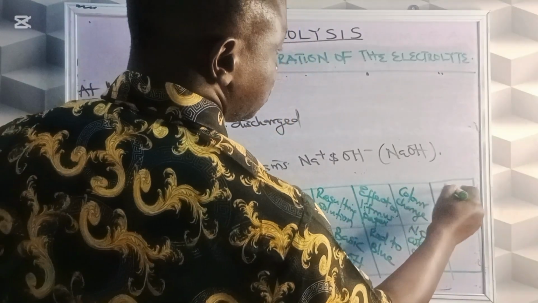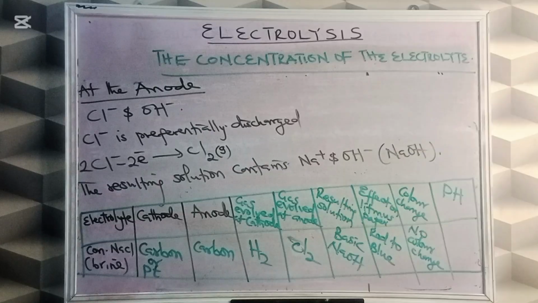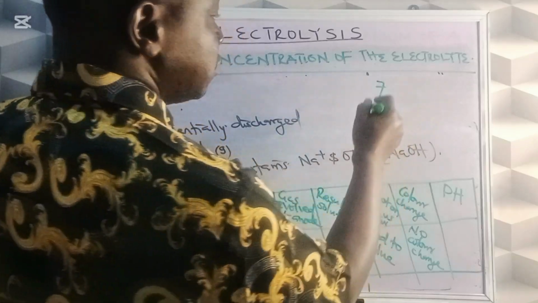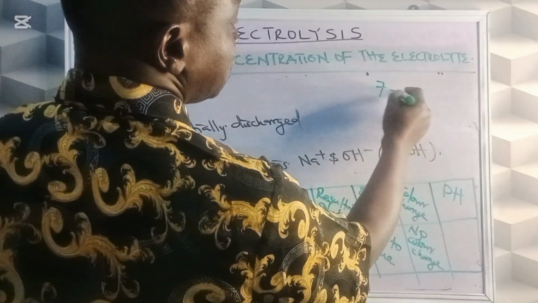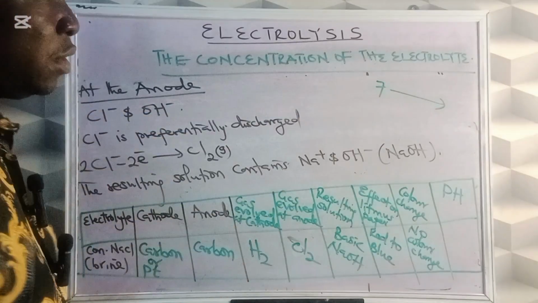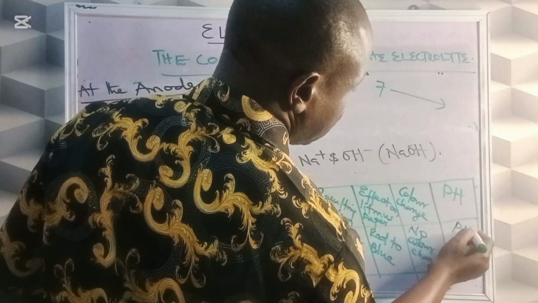So what about the pH? The pH will be affected. You know, normally sodium chloride has a pH of 7. Now sodium hydroxide is a base, so it will have higher pH. So the pH increases.